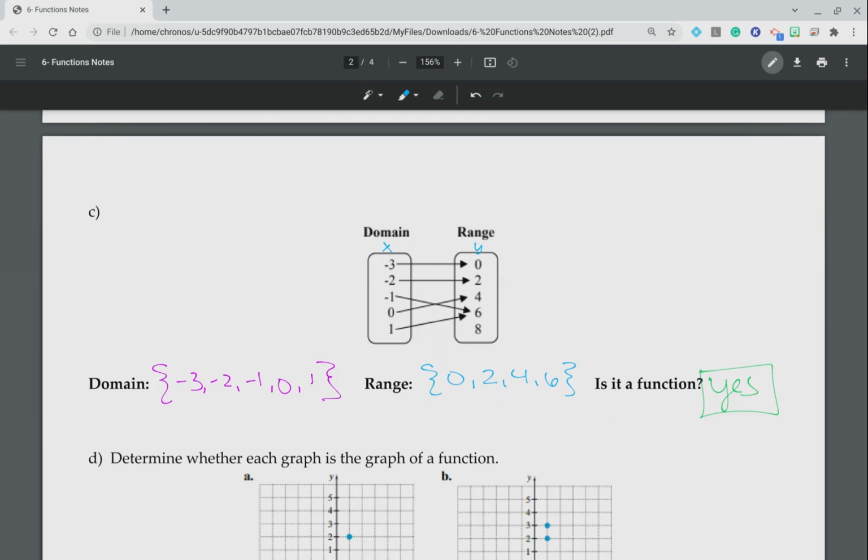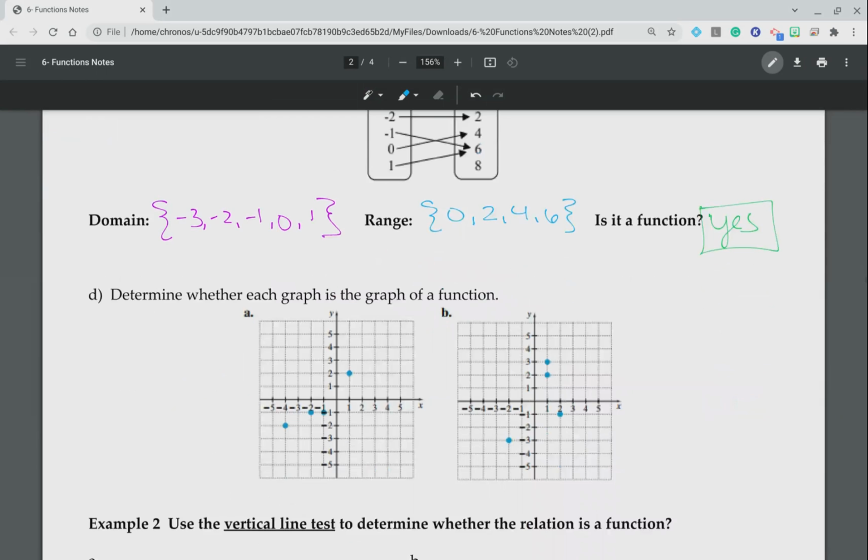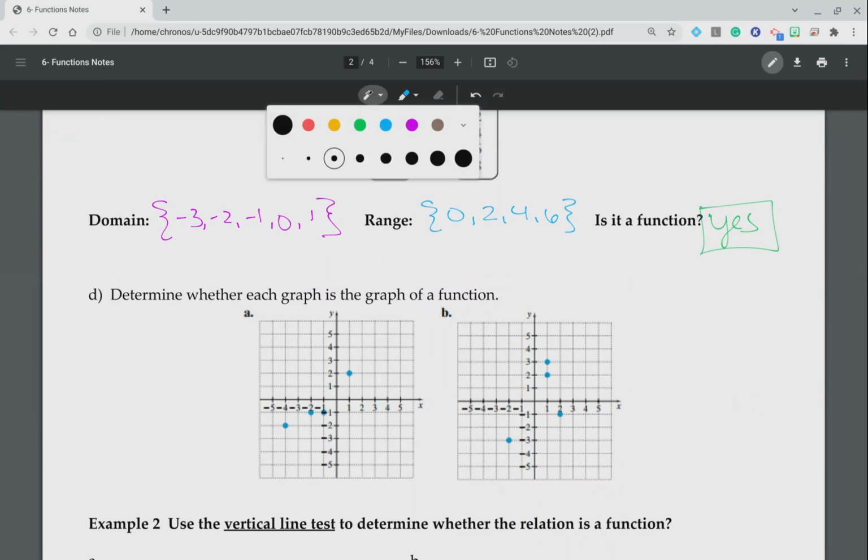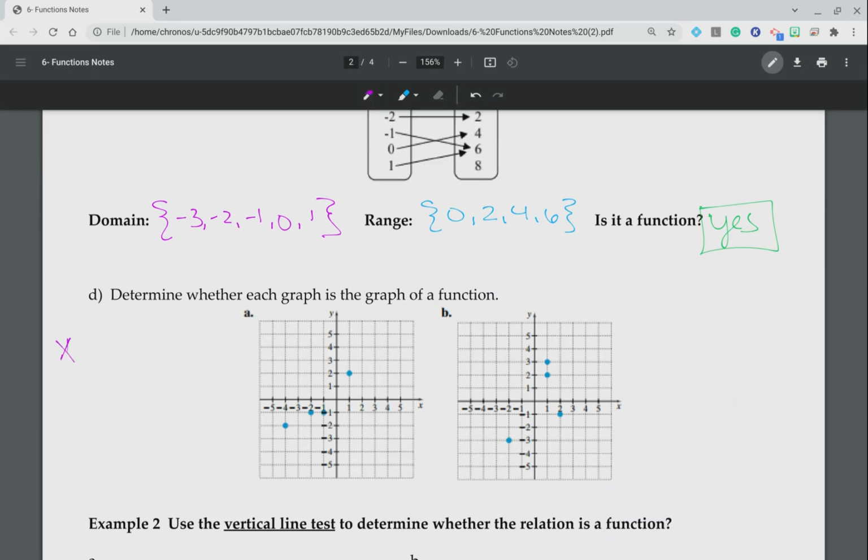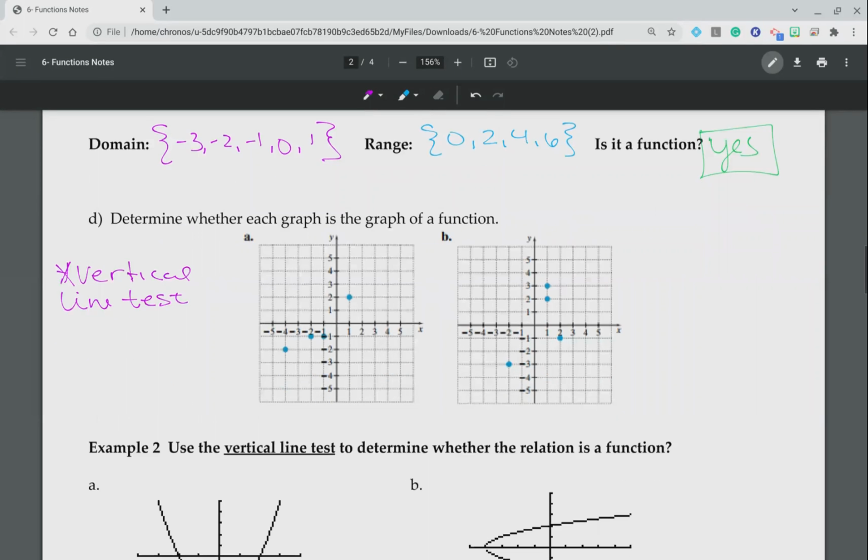Now, you can also determine if something is a function or not by doing what's called the vertical line test. If you're given a graph, if you draw a vertical line, you would be able to tell whether or not this is a function.